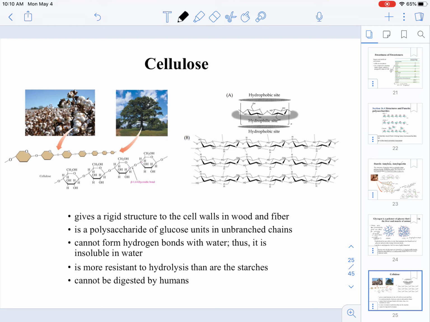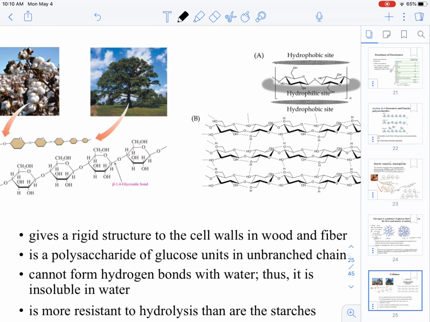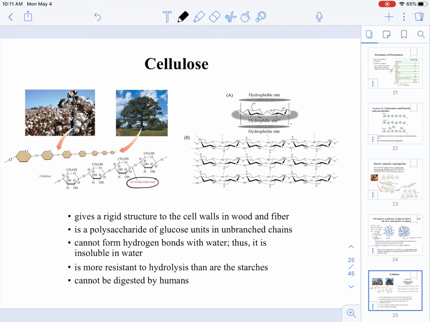More importantly, the linkages present in cellulose are beta 1,4 glycosidic bonds. In our bodies, we do not have an enzyme that can cut glucose molecules that are unified by a beta 1,4 glycosidic bond.